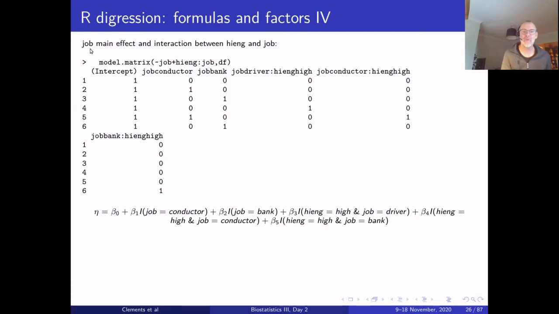Now, if we do a job main effect and an interaction between high energy and job, then we get an intercept term plus a main effect for job. Then we ask, what is the interaction between high energy and a driver, high energy and a conductor, high energy and a bank worker?